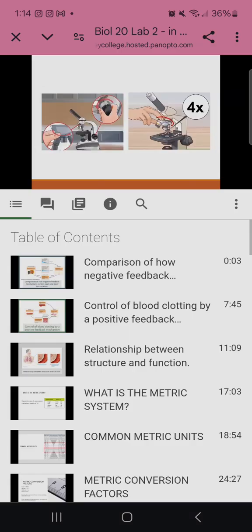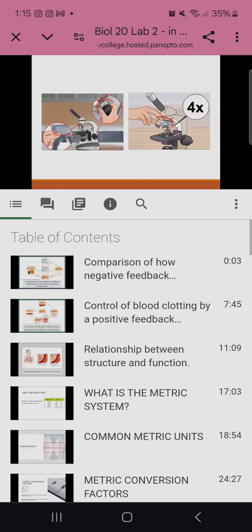And then whenever we're using a microscope, you put your slide, and we're gonna start with the 4 times. You don't start with 100 times, 40 times, 10 times. You start from the smallest one, and then you use your coarse adjustment knob, and you turn it until the slide goes all the way up, right? And then that's when you'll start seeing something like what you're looking at, but it's not gonna be super clear.